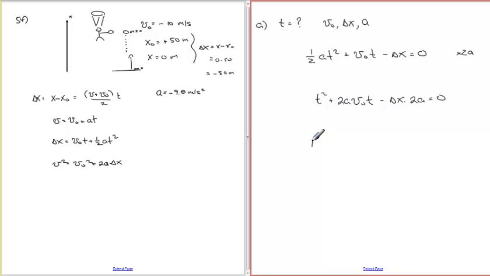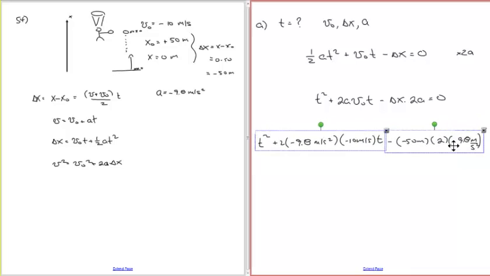And then we plug the numbers in: t squared plus 2 times the acceleration, which is negative 9.8 meters per second squared, times v0, which is negative 10 meters per second, times t, and then we have minus delta x, which is negative 50 meters, times 2 times a, which is negative 9.8 meters per second squared. And that'll equal 0, and we can get two solutions from that.